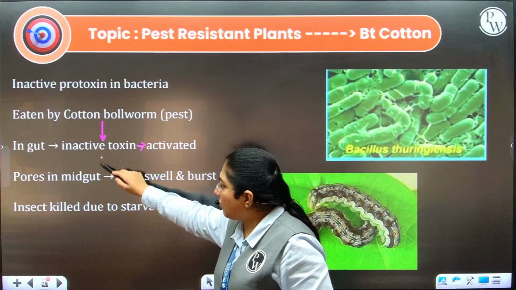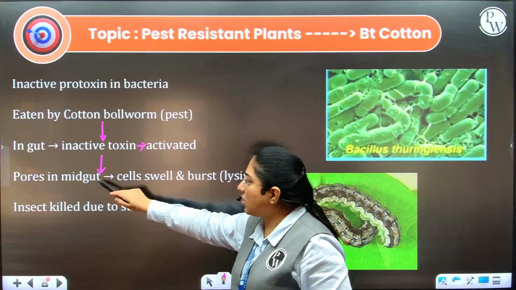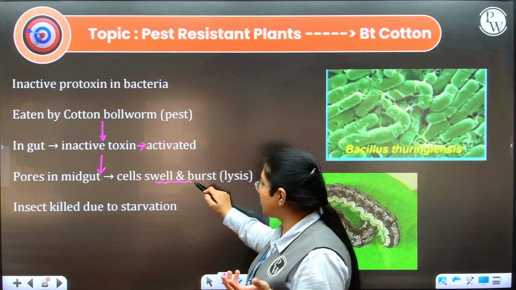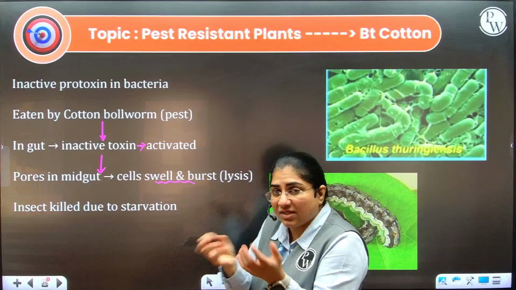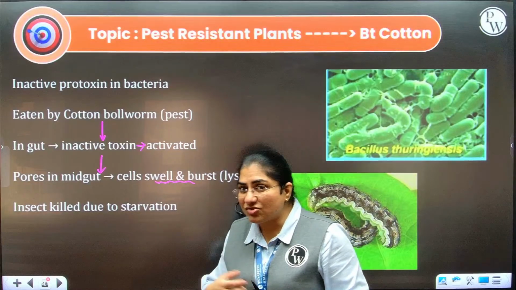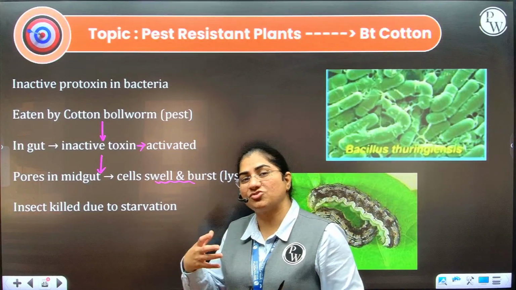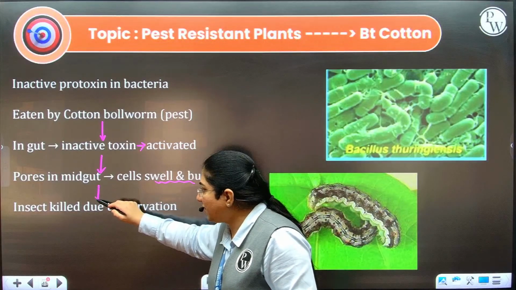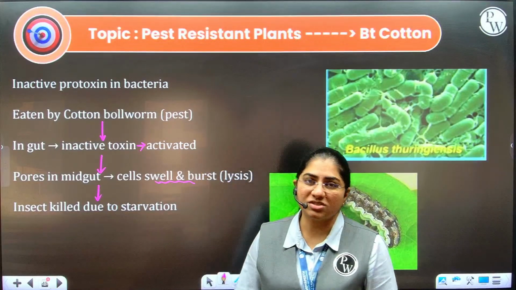Once activated, it causes pores in the midgut. Because of the pores in the midgut, the cells swell and rupture, which is lysis. If the cells of the gut are ruptured, whatever the insect is eating is not absorbed. If it is not absorbed, the nutrients do not go to the cells, and the insect is killed due to starvation.